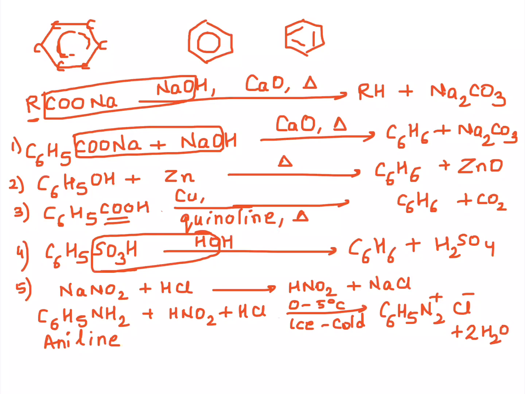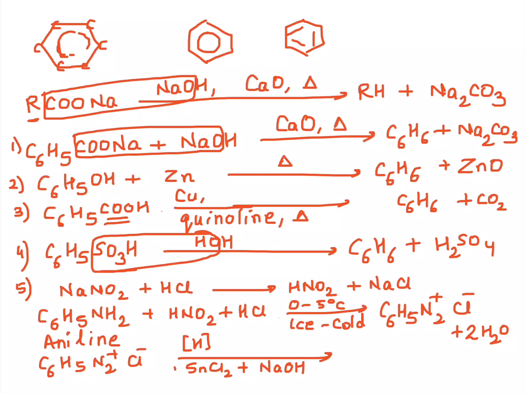And the last step in this would be the diazonium salt C6H5N2 positive Cl negative, it is reduced. That means there are reducing agents in the reaction mixture, SnCl2 and NaOH, or you use the H3PO2, any of it.